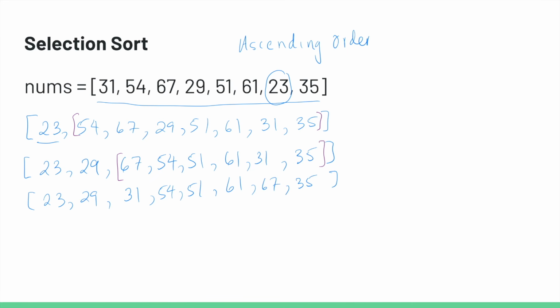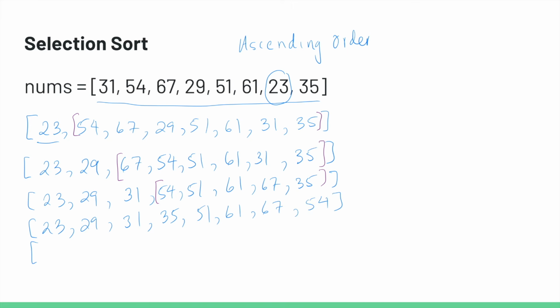Now next, we're going to keep going. So index 3 until the end, and we end up with 23, 29, 31, and then the minimum from 54 to 35 is going to be 35, then 51, 61, 67, and then 54.